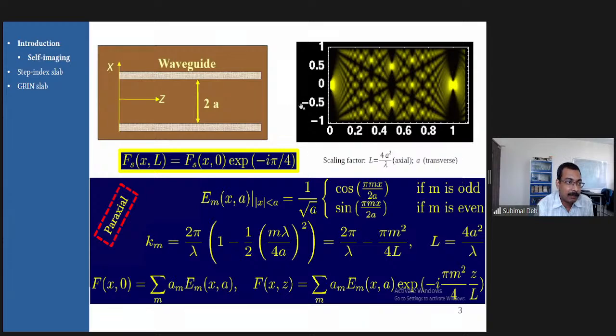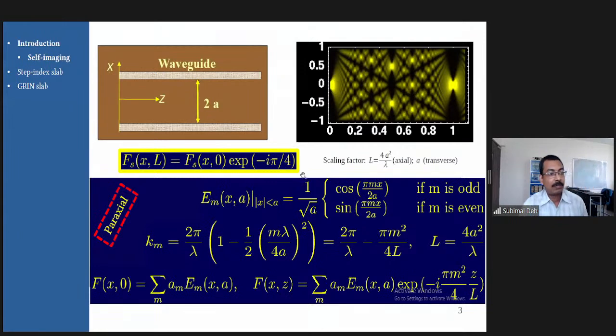And for a waveguide, let's say with metallic walls where the field does not penetrate into the walls, you can represent the electric field as sinusoidal functions of x in between the walls of the waveguide.